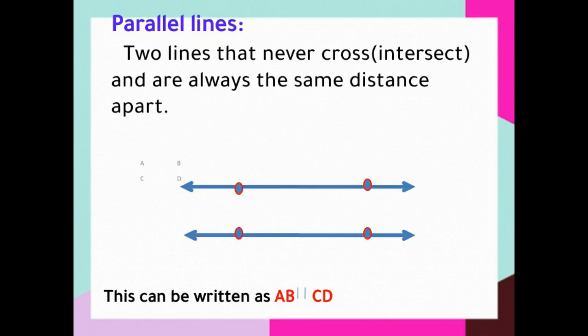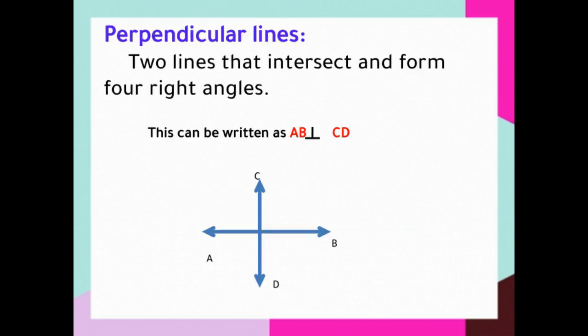Two lines that never cross and are always the same distance apart. Look at the figure. The two lines are the same distance apart and they do not cross each other. This parallel line can be written as AB with two lines and CD. This is the denotation of parallel lines.